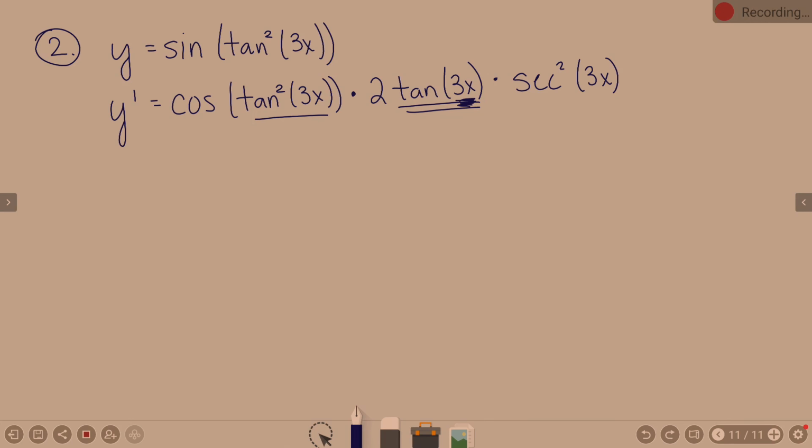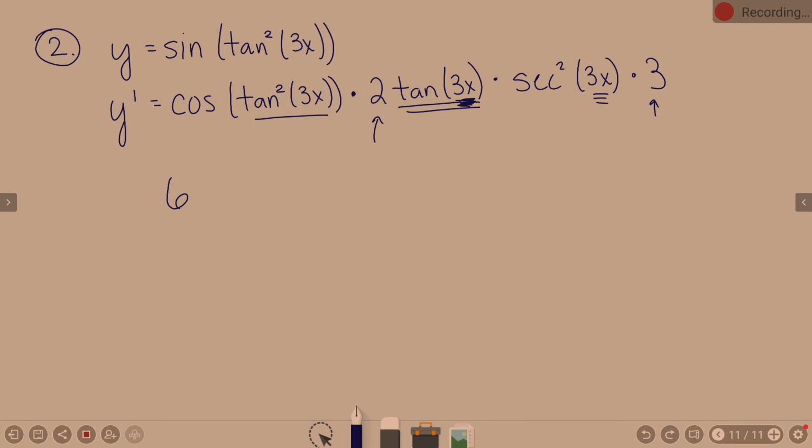So now the derivative of tangent of something is secant squared of something. Well, we've got another something here, right? So now it's times the derivative of 3x, which is 3. Okay? So it's a lot of chain rule. And I just proved to you how easy it is to overlook that extra trig function in there. The cleanup I do here is the fact that that 2 and that 3 can make a coefficient of 6.